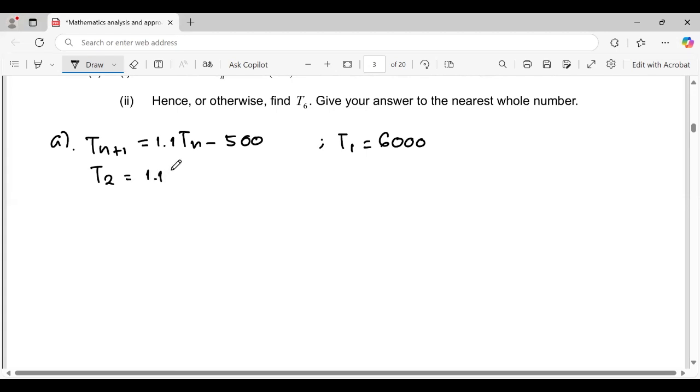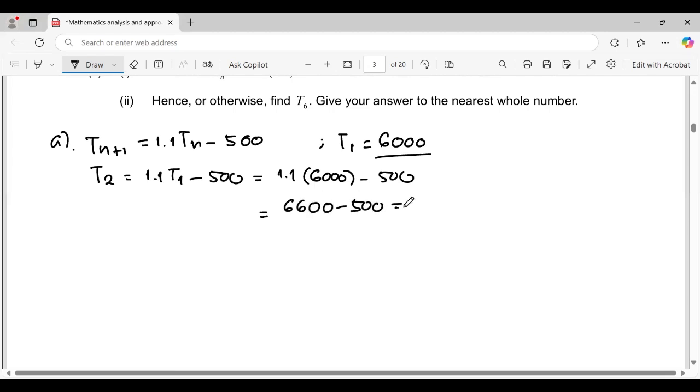T2 equals 1.1 times T1 minus 500. It equals 1.1 times 6,000 minus 500, which equals 6,600 minus 500, which equals 6,100. This is T2.